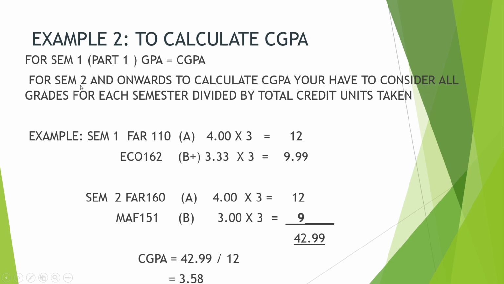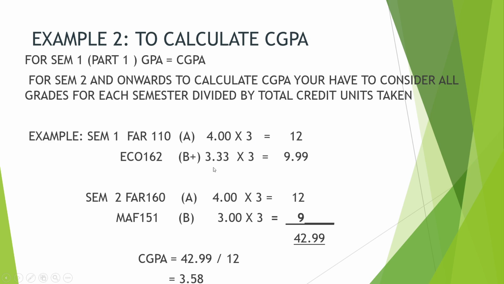For semester 2 and onwards, to calculate CGPA, you have to consider all grades for each semester divided by total credit units taken. Let's say for semester 1, for your 110 you scored an A. So your credit value is 12, that is 4 pointer times 3 credit units.